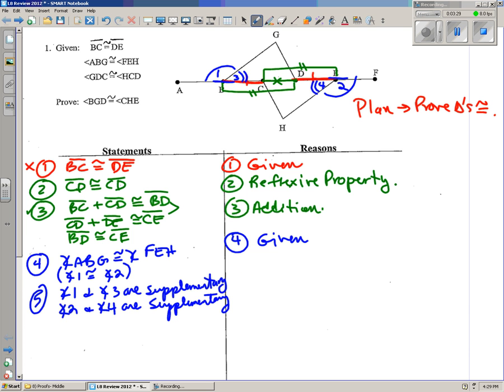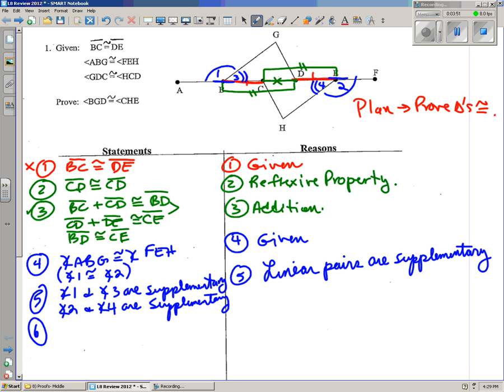And the reason for this is that linear pairs are supplementary. That does not count. What we really want are the 2 angles inside the triangles to be congruent. That would be angle 3 congruent to angle 4.